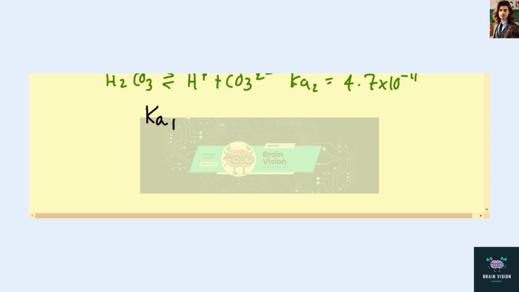And in this case, we would assume that this second acid dissociation constant here is negligible, so we wouldn't use it. It's because it's too small. So we would just use Ka1, the first acid dissociation constant.